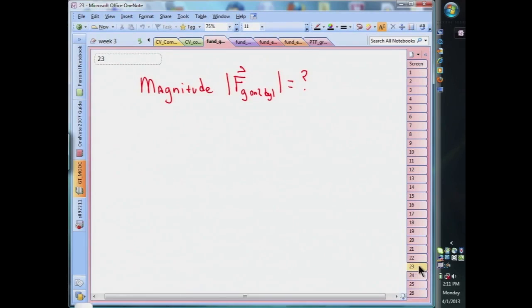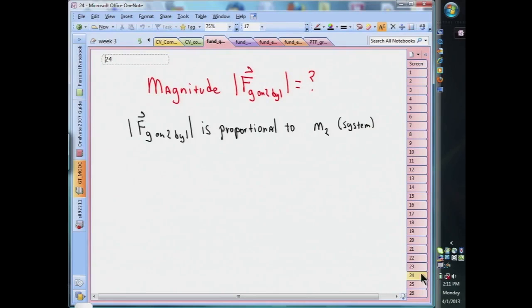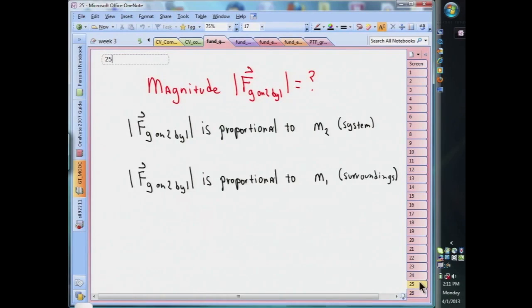Now let's describe what we need to know to specify the magnitude of this gravitational force. This force arises between any two objects with mass, so we would expect the masses m1 and m2 to come into play. Now, experiments and observations tell us that the magnitude of the force is directly proportional to the mass of a system m2, and it's directly proportional to the mass of the source m1.